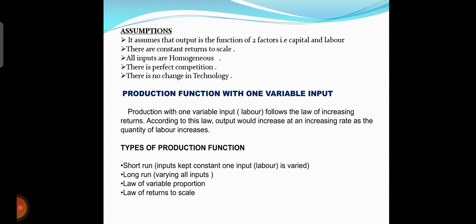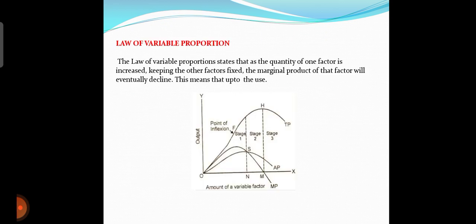Let's know the law of variable proportion. It states that as the quantity of one factor is increased, keeping the other factors fixed, the marginal product of the factor will eventually decline.